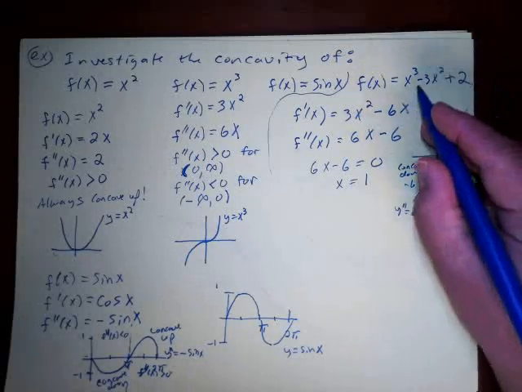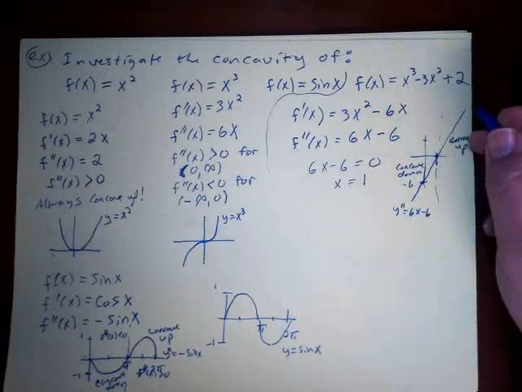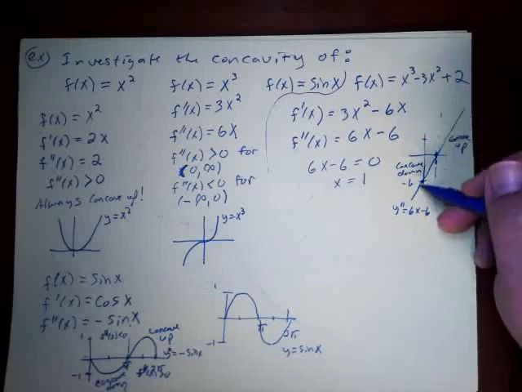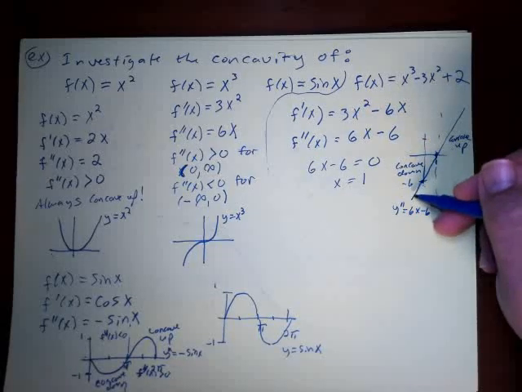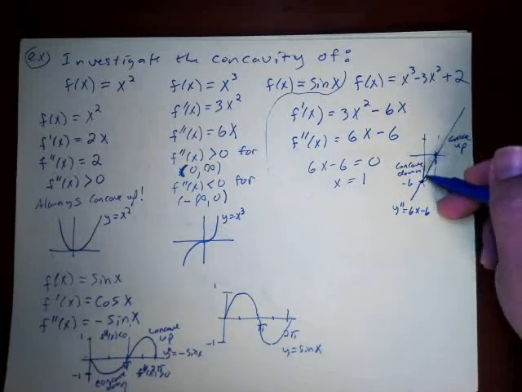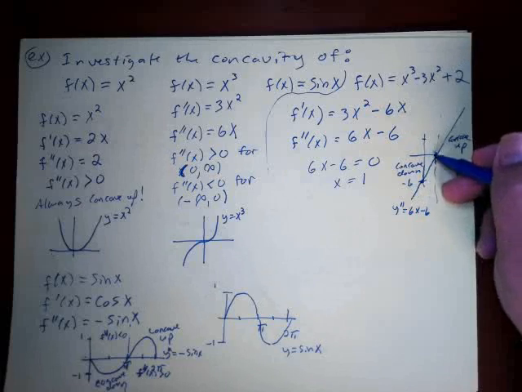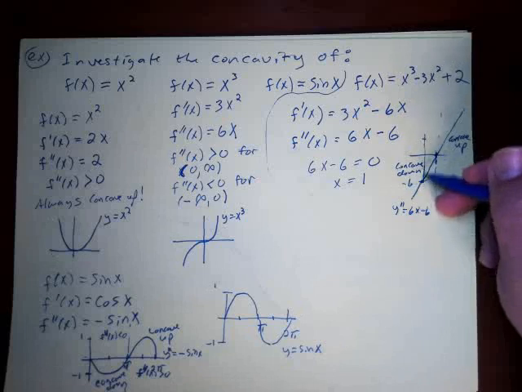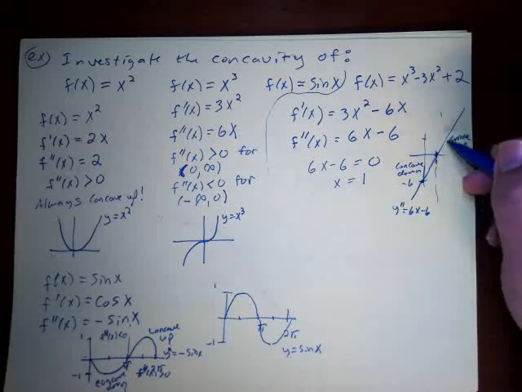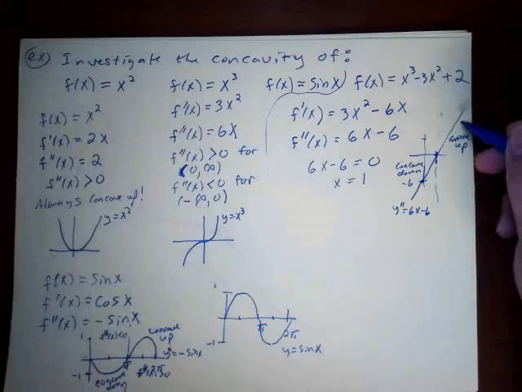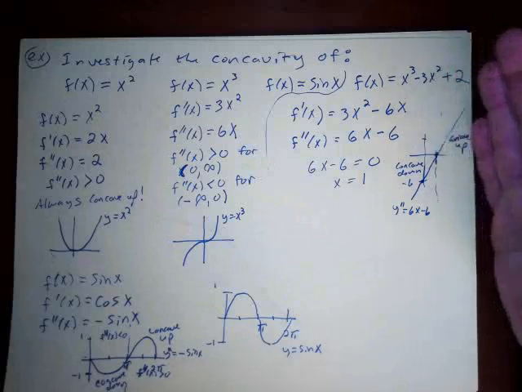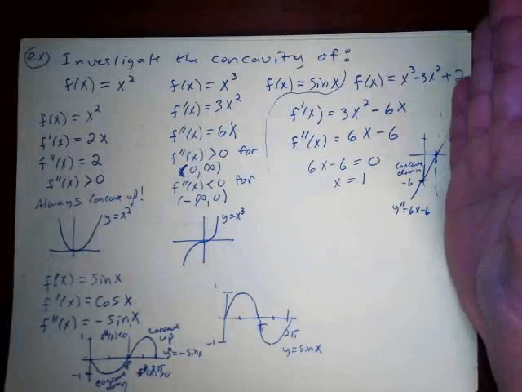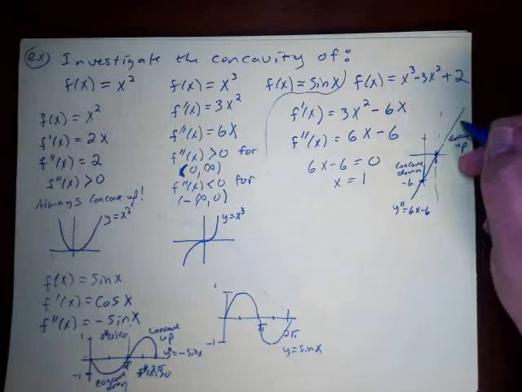But the derivative of the cubic is a line, and the second derivative of the cubic is this line, and the second derivative has a negative sign before 1, and so the graph is going to be concave down for everything from negative infinity to 1, and then it has a positive sign greater than 1, and so it's going to be concave up over here.